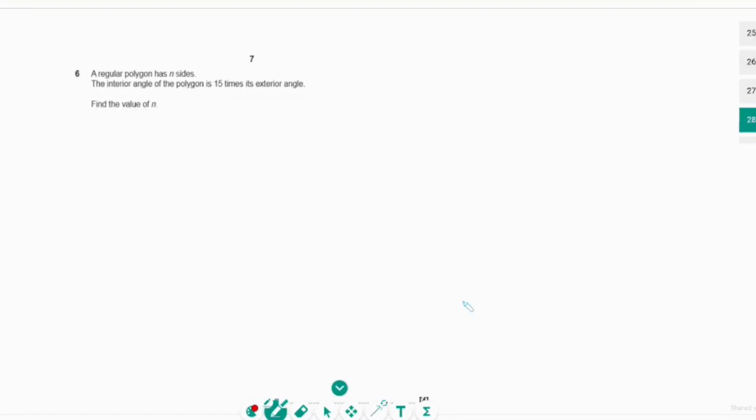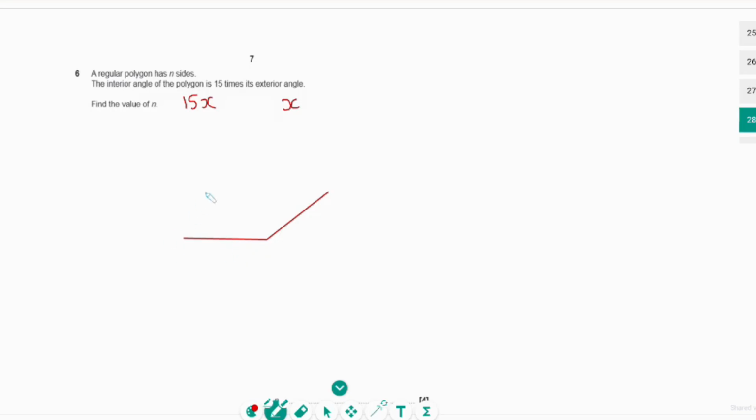We've got a regular polygon has n sides. The interior angle of the polygon is 15 times its exterior angle. So if the exterior angle is x, the interior angle is 15x. Let's just have a reminder of what the interior angle and exterior angle are on a polygon.